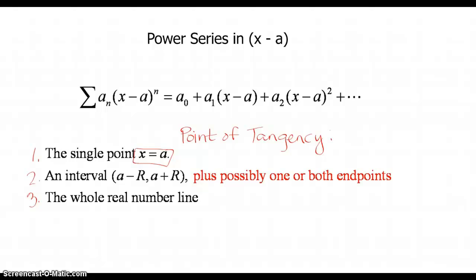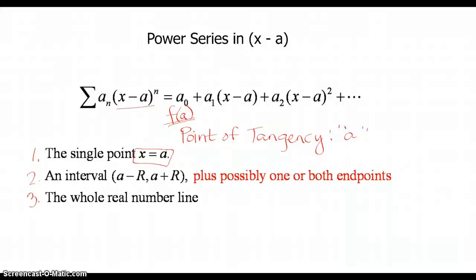It is the point around which this power series was built, and we're absolutely positively at A going to get where this power series acts just like the function. At the very least we're going to get x equal A. So that's what that means, the single point x equal A.